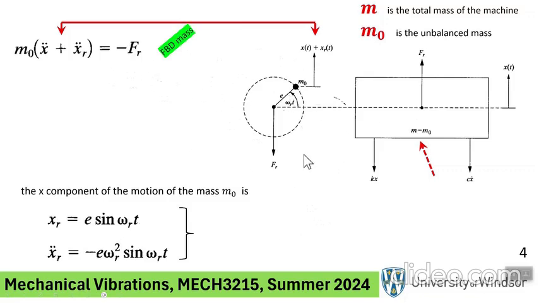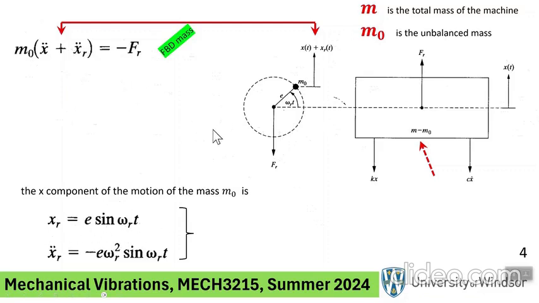The only force that's acting on it is Fr, and it's downward because you're assuming that positive is up. And it's got a mass of m0. Based on Newton's law, this force is equal to mass times acceleration. The mass is m0 because we're only looking at the rotating component, and the acceleration, we just discussed it, is going to be the acceleration due to the block and the acceleration due to rotation, so it's the sum of these two.